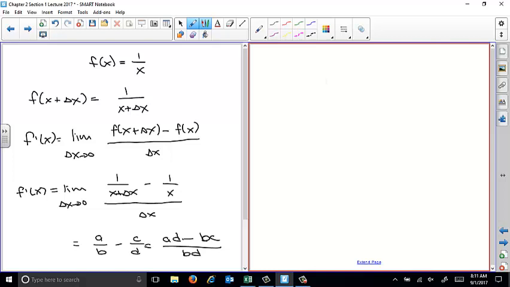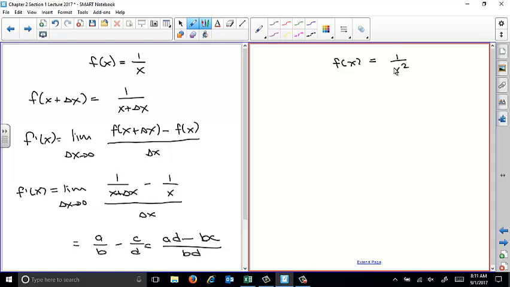So in our case, f of x equals 1 over x squared. That's where we're starting from. You'll end up with 1 over x plus delta x squared, and at some point you're going to have to multiply it out, just like we did. If you look back at the front page, we multiplied out x plus delta x times x plus delta x and got x squared plus 2x delta x plus delta x squared.